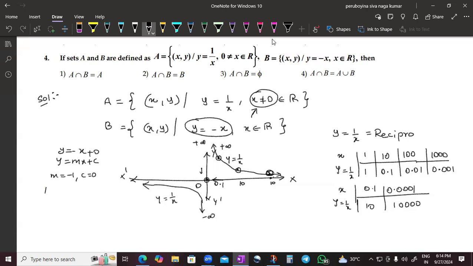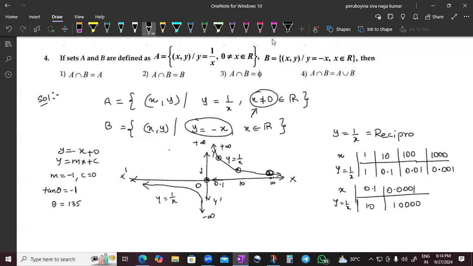So m means we know it is tan theta equal to -1. From trigonometry, we know that theta value is 135 degrees. In the second quadrant, tan is negative. So that's why it will be -1, 135 degrees.